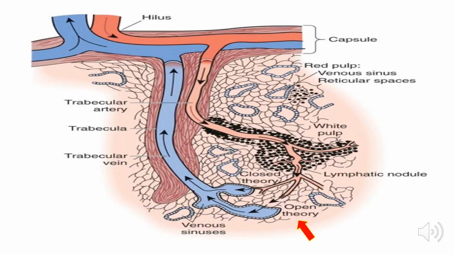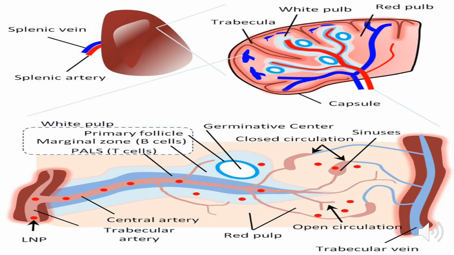This is to allow some of the damaged and old red blood cells to be phagocytosed and cleared in the red pulps of the spleen. Then, the blood will eventually drain into the venous drainage of the spleen. I hope at this point you can already differentiate the closed blood circulation and the open blood circulation in the spleen. Let's have a review.